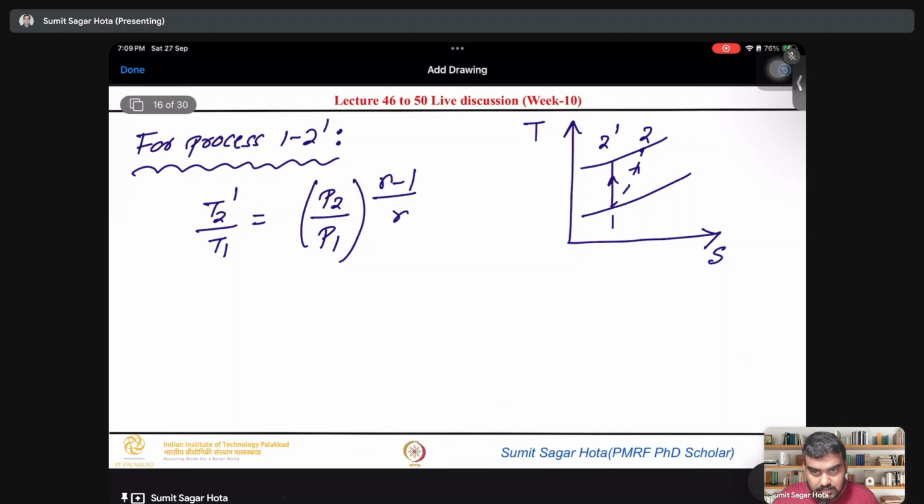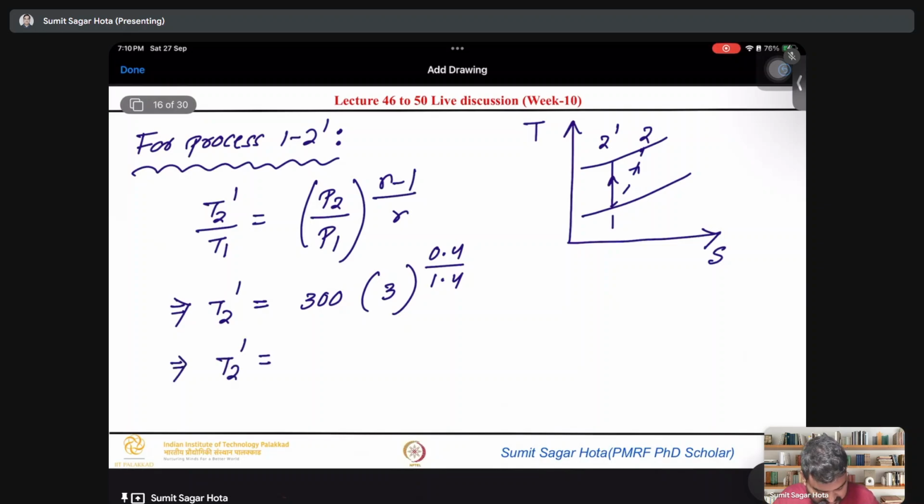So what is T2 dash then? T2 dash is equal to 300 into 3 to the power 0.4 by 1.4. So if you solve it, you will find T2 dash as 410.62 Kelvin.